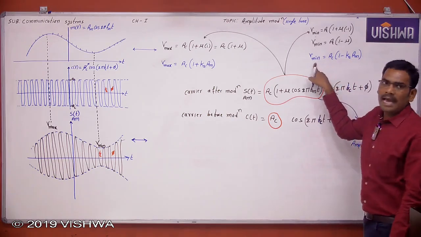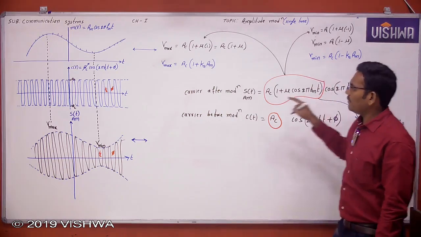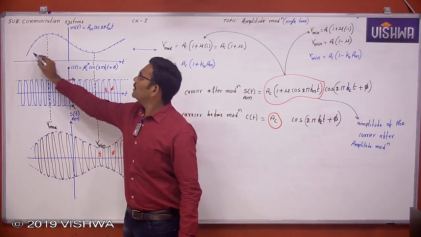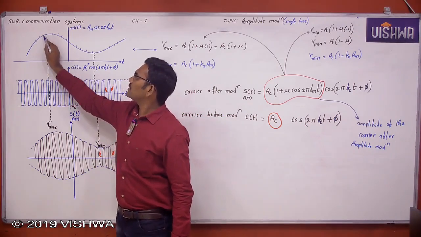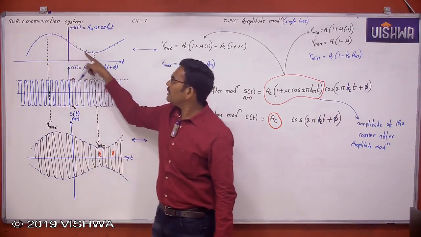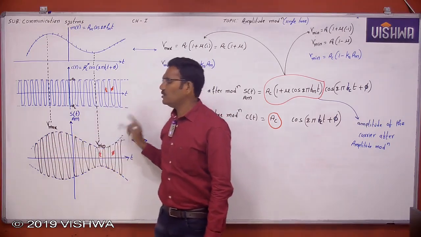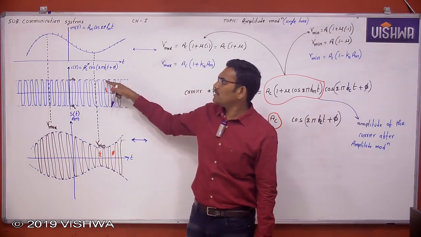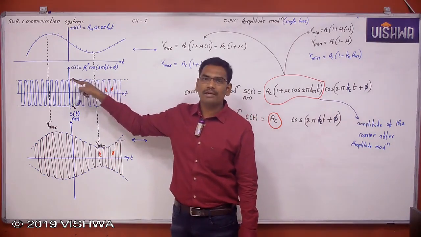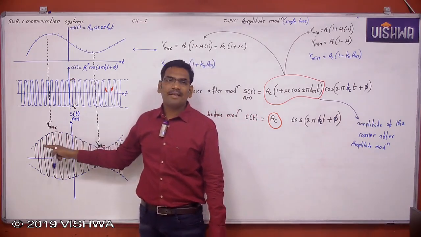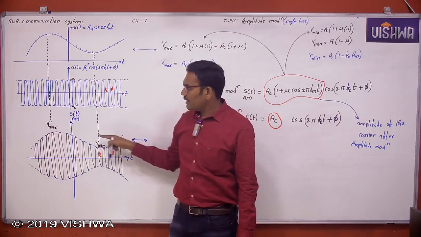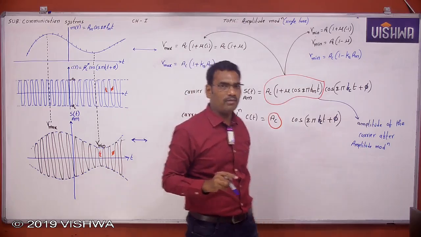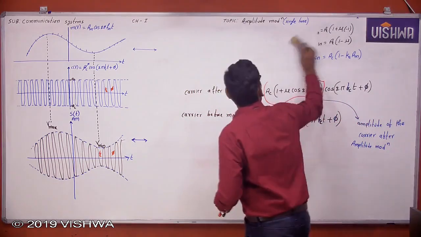So every amplitude after modulation depends upon the amplitude of the message signal. So V1 or V2 or V3 or V maximum depends upon the amplitude of the message signal. When the amplitude of the message signal changes, the carrier amplitude also changes. Carrier amplitude before modulation is AC, but the carrier amplitude after AM modulation is continuously changing. That change is nothing but V maximum and V minimum.